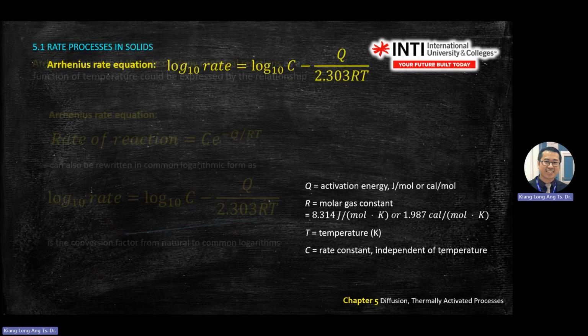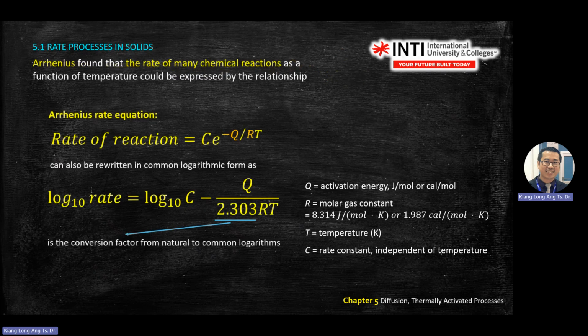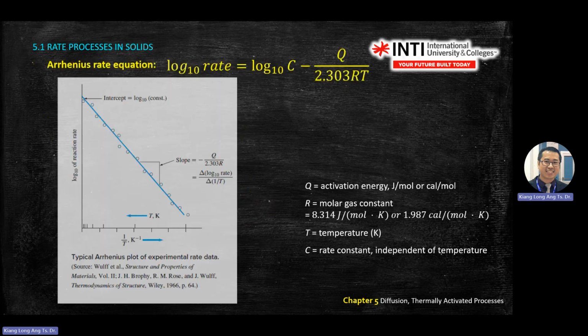Okay, this 1 over 2.303 is a conversion, but we don't go and develop this one. This one is from mathematics, we just pick from the mathematics and then we apply. So this is what you see in the material encyclopedia or handbook. On the left, you will see log 10 rate on the y-axis, y equal to mx plus c.